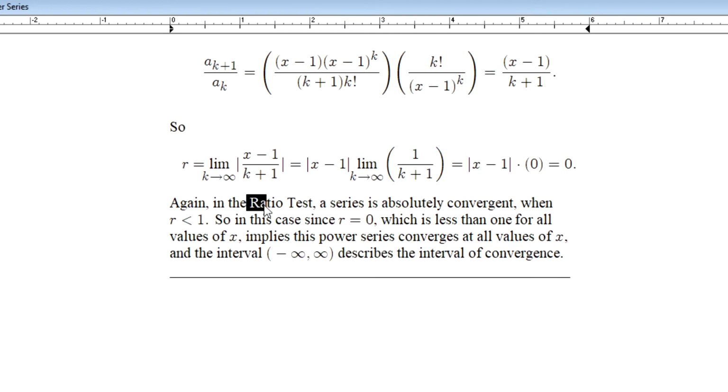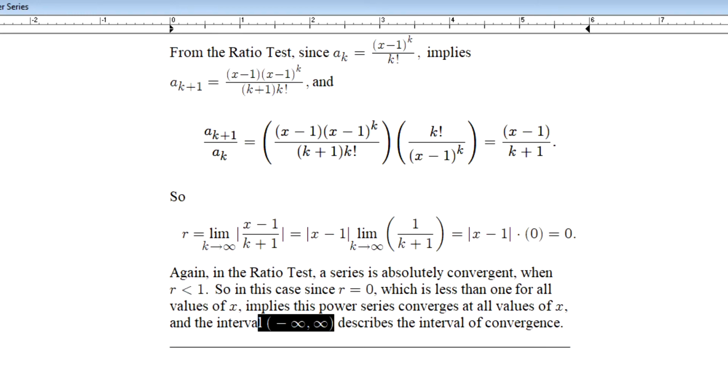And since the ratio test is absolutely convergent when r is less than 1, and r will equal 0 for all values of x in this case, our power series must converge on this interval from negative to positive infinity. What we have occurring here is a radius of convergence that is infinite in size.